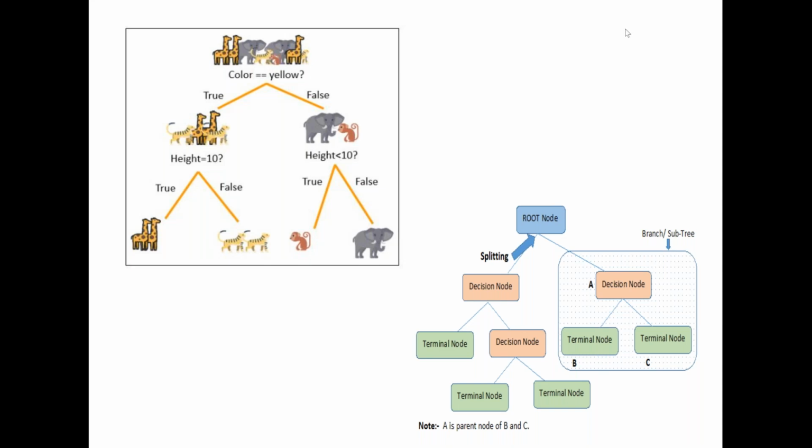We do it for all the parameters, and the parameter with the least Gini impurity will become the root node. We repeat the same process by calculating the Gini index and comparing it to the least. If it is least, it becomes the next decision node, and so on.